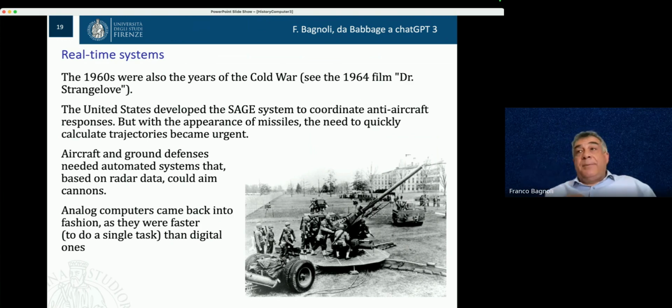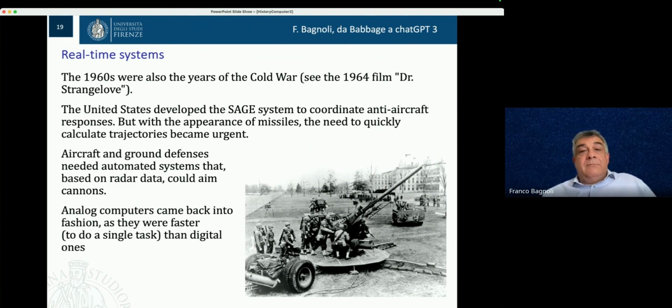But with the development of intercontinental missiles, they suddenly realized that the Soviet Union could send a missile from Russia to the United States in, say, half an hour.